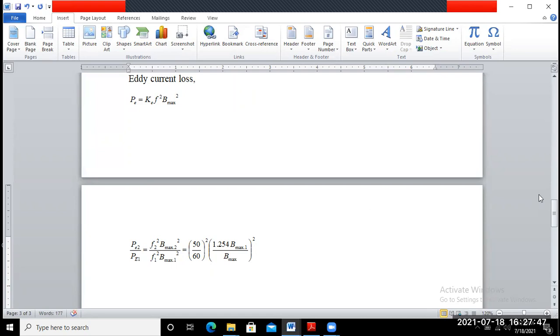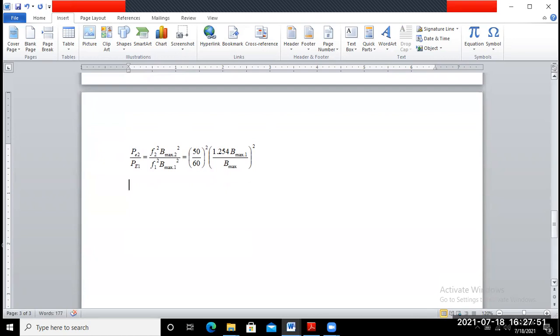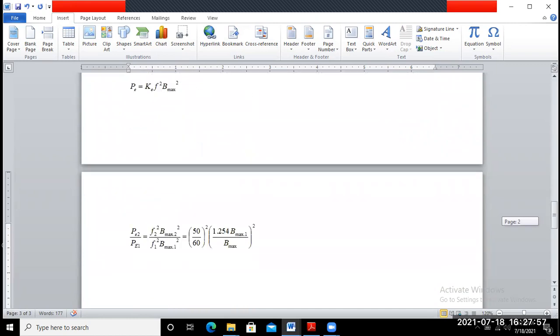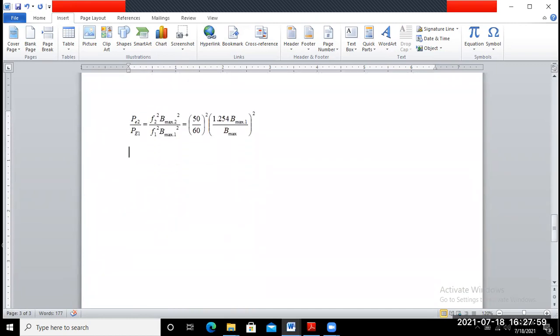Now put the value of PE1 already given in the problem. I think it is 120 watt. So put PE1 equal to 120 watt and find out PE2.